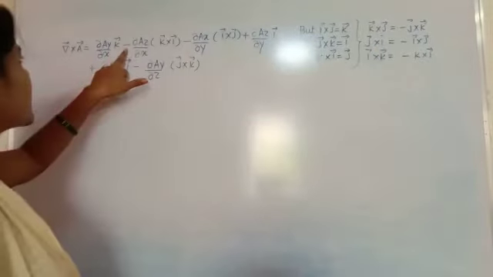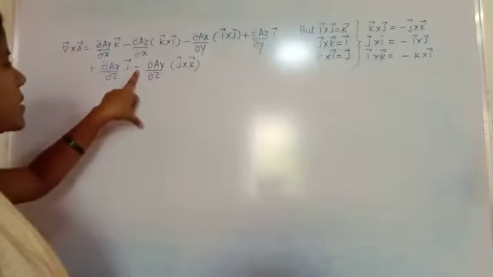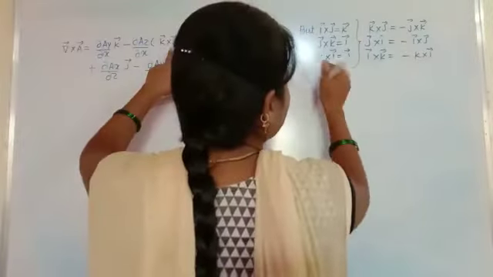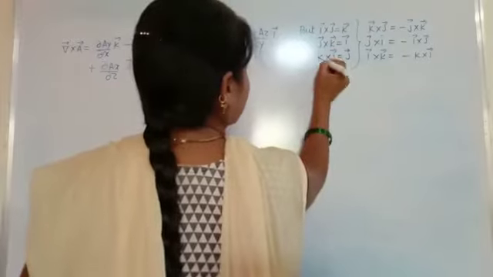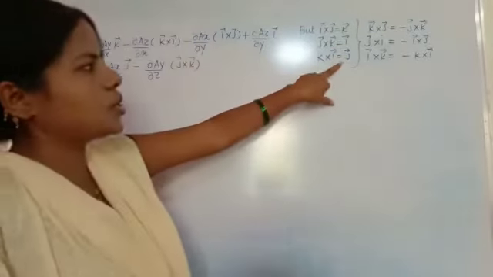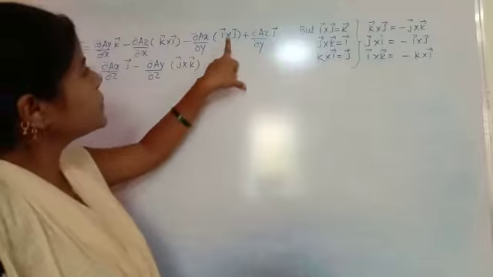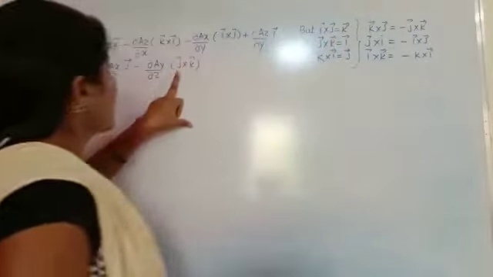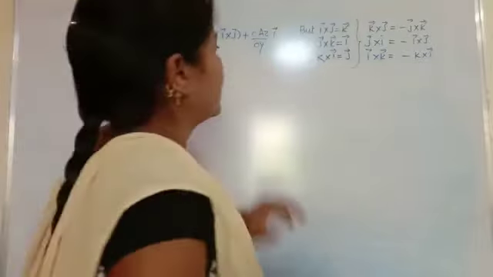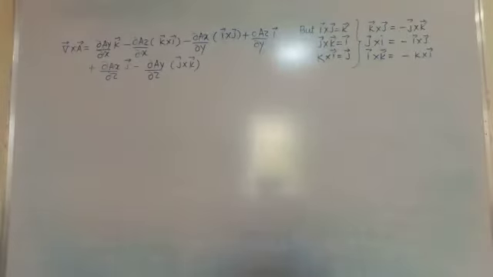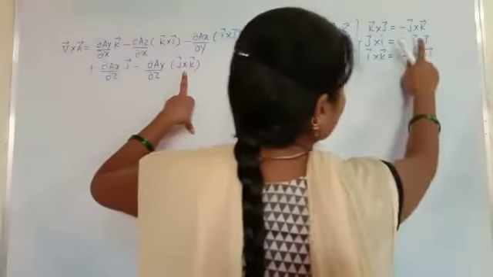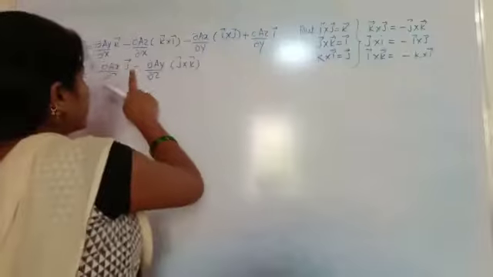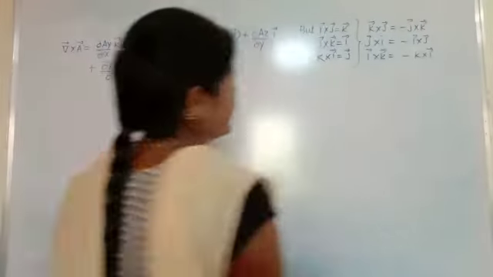We get three minus signs, so we have to convert this. k cross i is nothing but j, and i cross j is nothing but k, and j cross k is nothing but i. But here, for j cross k the sign is minus, because there is a k cross j, so we take the minus sign.